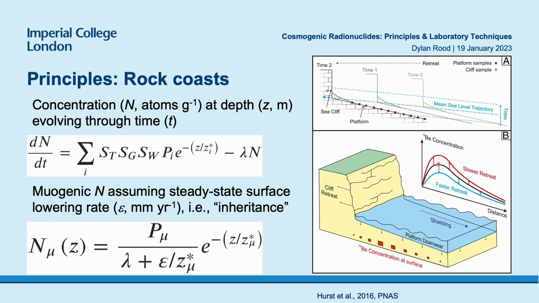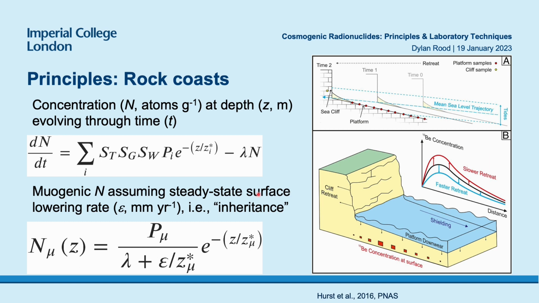The amplitude of that hump will be inversely proportional to the retreat rate, with a higher amplitude hump being slow retreat and a lower amplitude hump being a fast retreat rate.